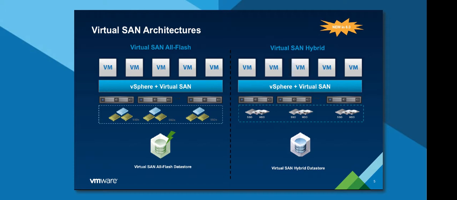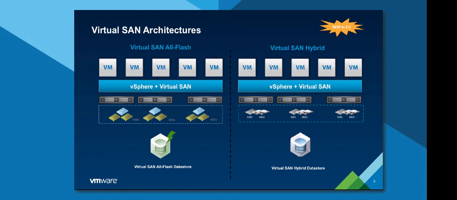One key change inside of virtual SAN 6 is in the architectural availability. We now have 2 architectures available to us. We have our old familiar architecture, the hybrid architecture, wherein you would have a minimum of 1 solid state disk and 1 spinning disk. And that would create your disk group. And then you could scale that up and scale that out as needed in order to build out your cluster.